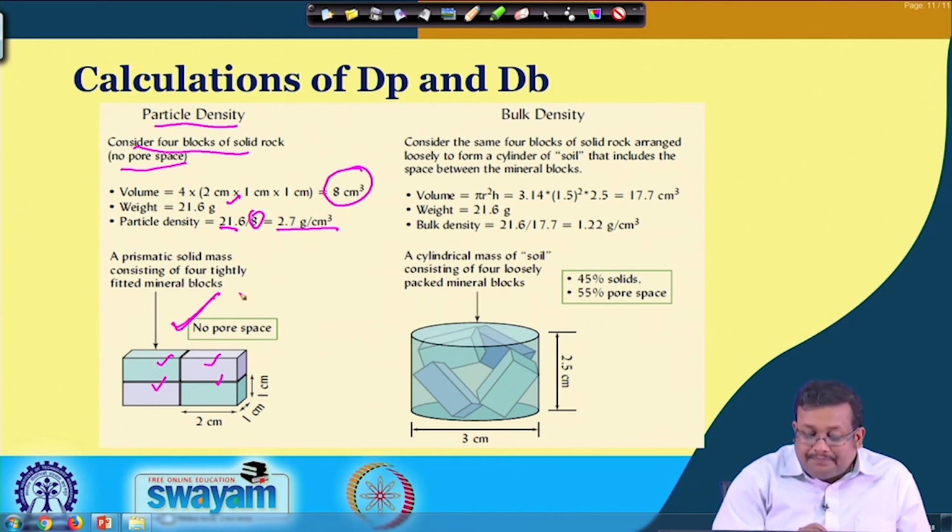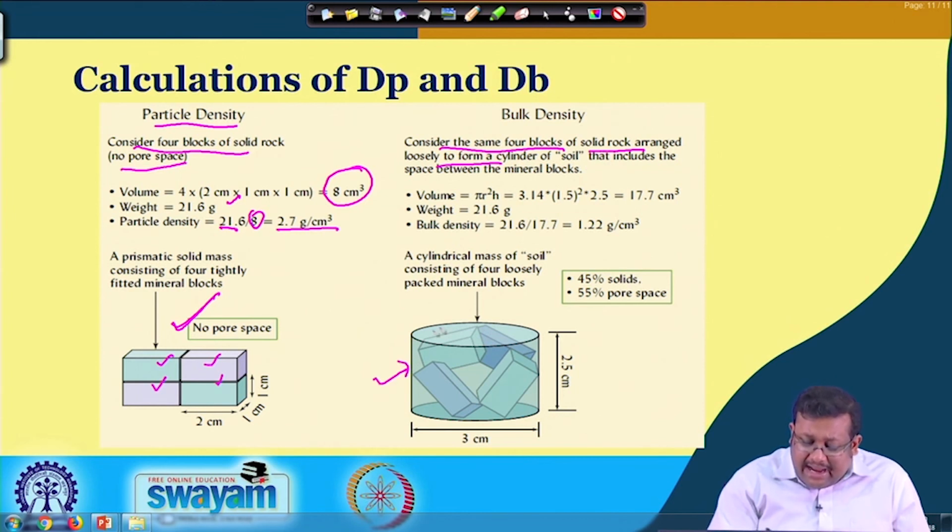It is important. Now, in case of bulk density, consider the same 4 blocks of solid rock arranged loosely to form a cylinder of soil. You can see this is a cylinder of soil, and in this cylinder all these 4 blocks are arranged together so that it includes the space between the mineral blocks also. You can see these are the spaces between the mineral blocks.